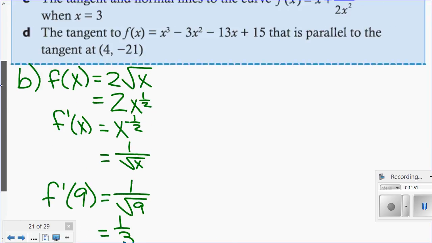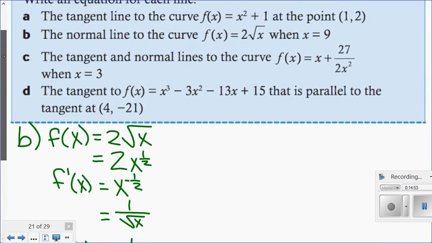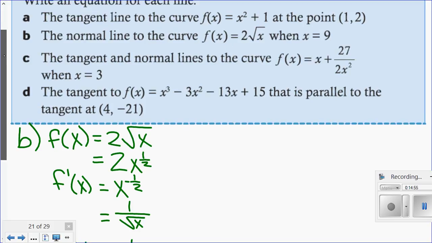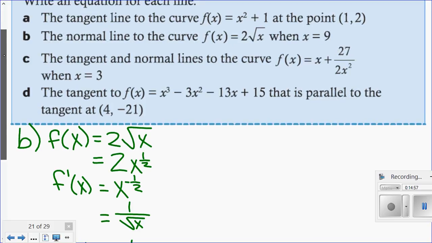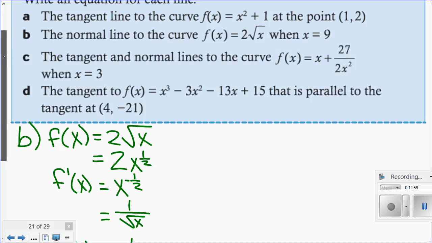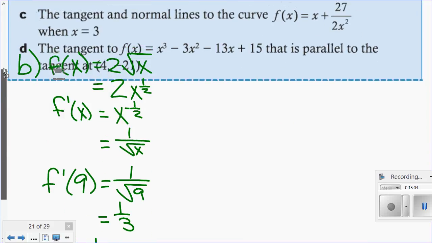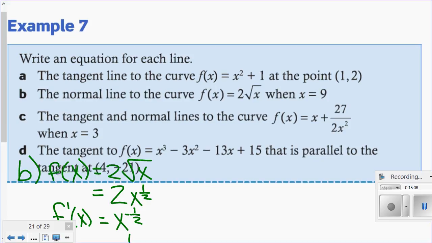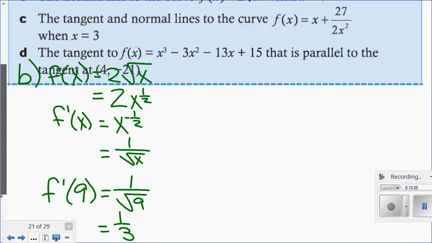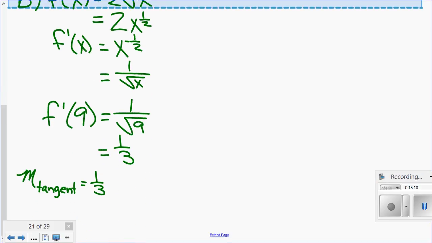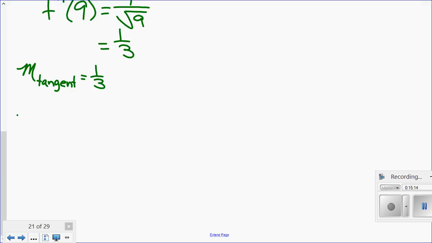But they don't care about that. It says what is the equation of the normal line. So if my tangent line slope is 1/3, what is the slope of my normal line? The normal slope equals -3.